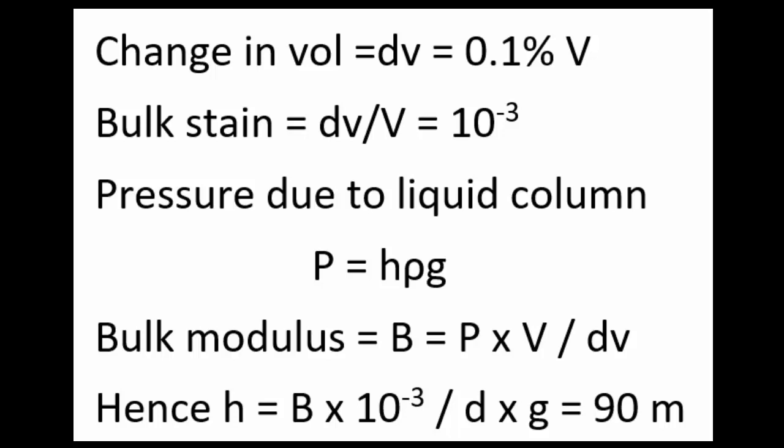It is the amount of pressure which 76 centimeters of mercury column is going to exert, and that is given by the formula H rho G, that is the product of height, density of the liquid and acceleration due to gravity. Hence, bulk modulus B is pressure divided by bulk strain. If you substitute the values, the height comes out to be 90 meters.